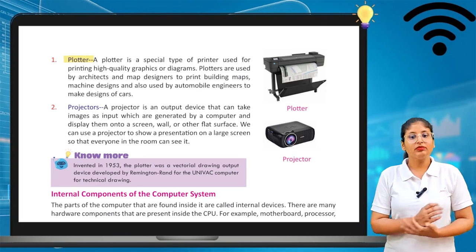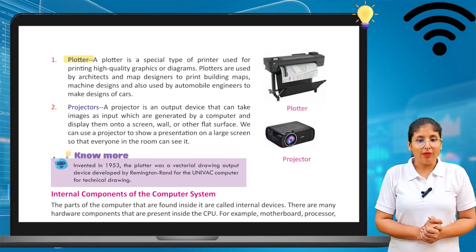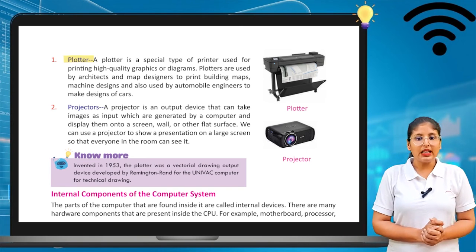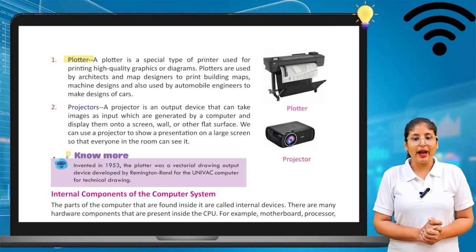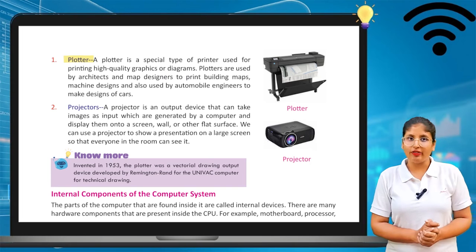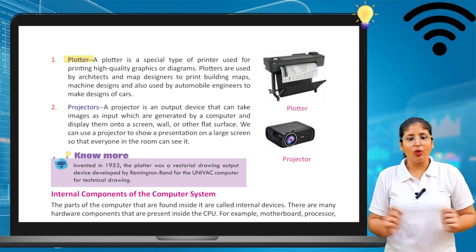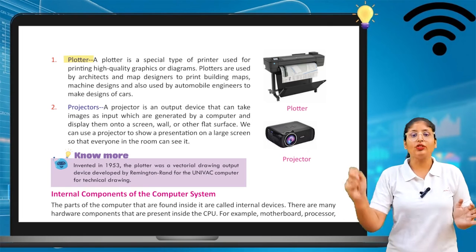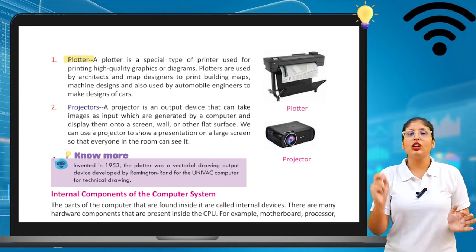Plotters are used by architects and map designers to print building maps and machine designs, and also used in automobile engineering to make the design of a car. Normally, if you want to print something very big, a poster, or design a building map or an automobile or car map, you use a plotter.